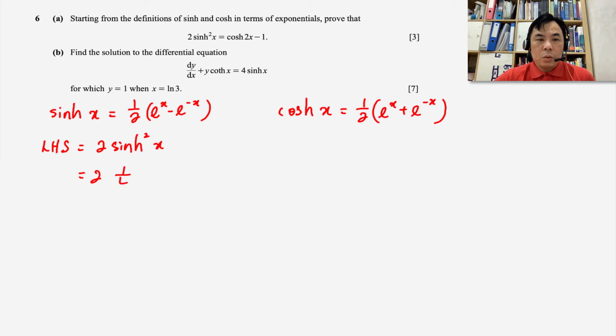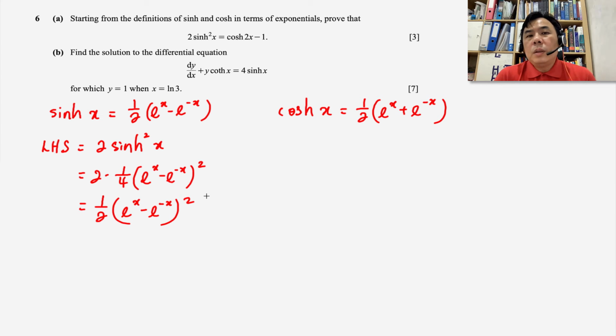That will be a quarter a square, and if you simplify that, that's basically a half e negative. Okay, and then there you have it. That's the first part there.